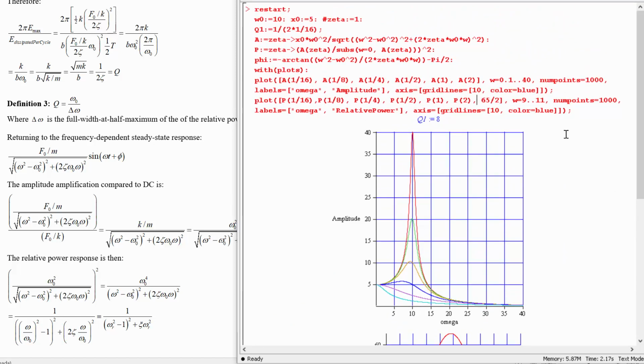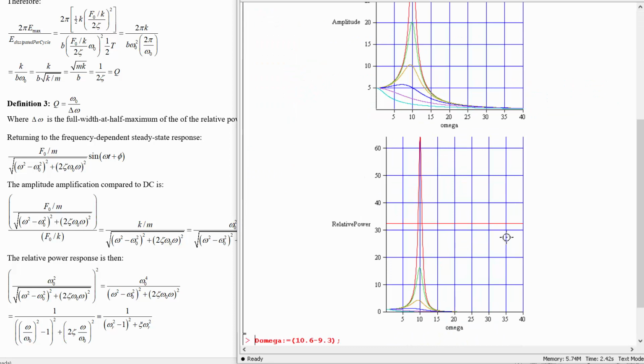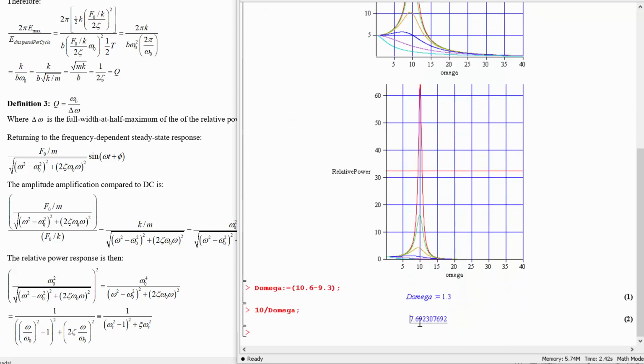So the quality factor, the frequency divided by the full width at half maximum, tells you about the sharpness of the peak.